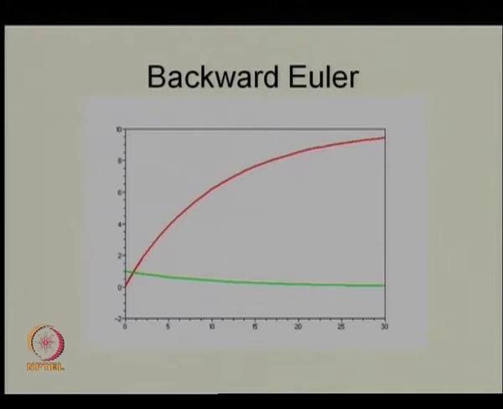On the other hand, backward Euler method, if I use a variable time step method, gives a reasonably good response. For the first 1 second or so, it does not capture the fast transient quite well anyway, but the slow transient it has captured pretty well.